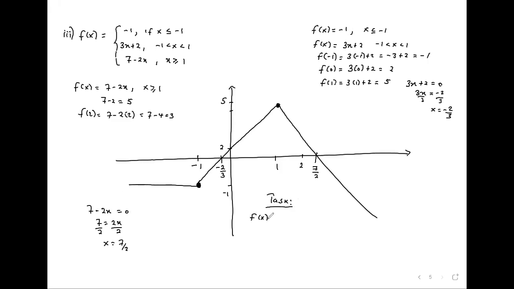Sketch f of x is equal to -x minus 3 if x is less or equal to -3, and also 9 minus x squared if -3 is less than x, which is less or equal to 3, and also x minus 3 if x is strictly greater than 3.